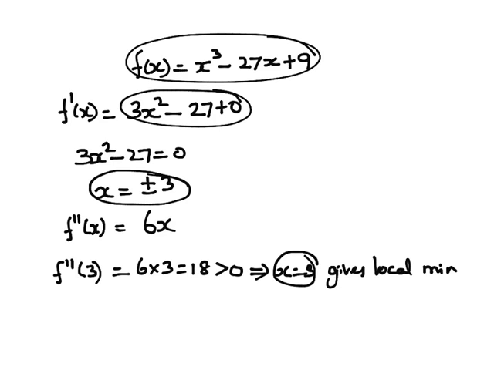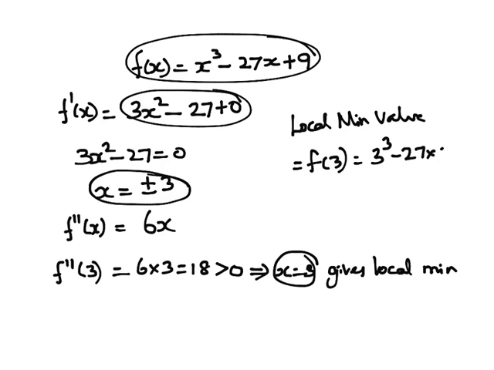So the local minimum value is f of 3, which is 3 cube minus 27 into 3 plus 9. So it will give me 27 minus 81 plus 9, so minus 45. So minus 45 is the local minimum value, right?